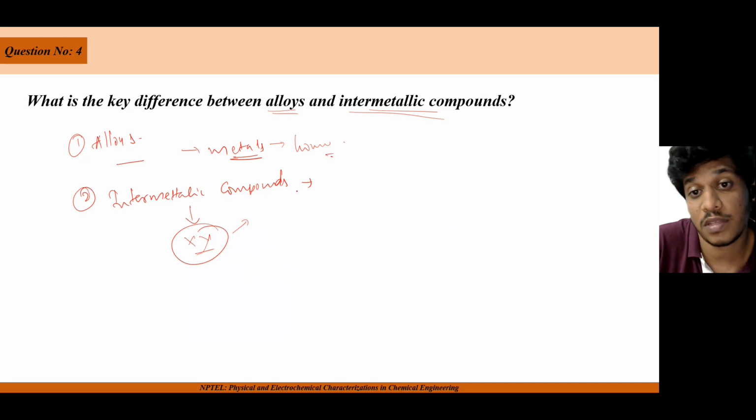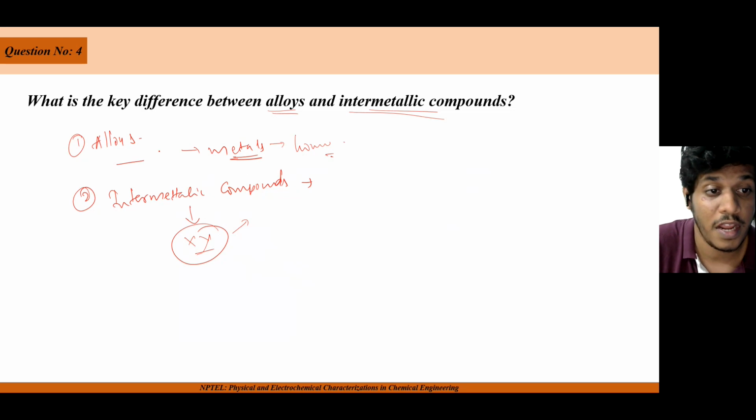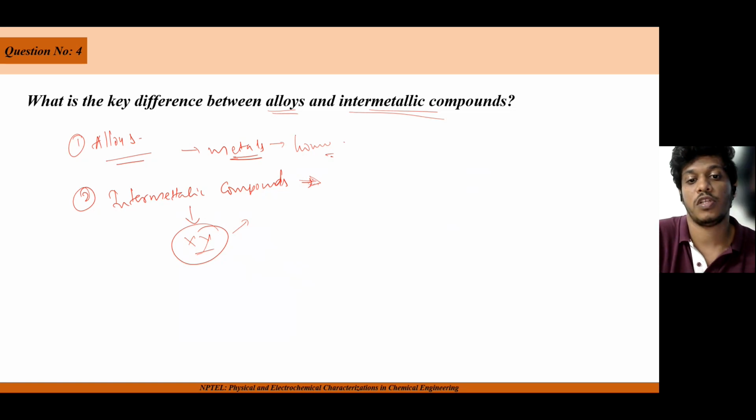Another difference between alloys and intermetallic compounds is that in alloys the crystalline structure may not be well arranged, whereas in an intermetallic compound we can have a proper arrangement of the atoms within the structure. So these are the two different kinds of materials that material scientists deal with, and they have their own uses.